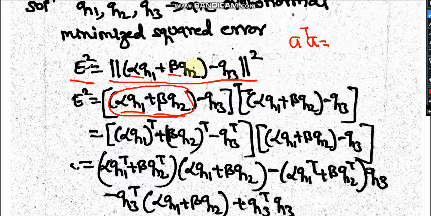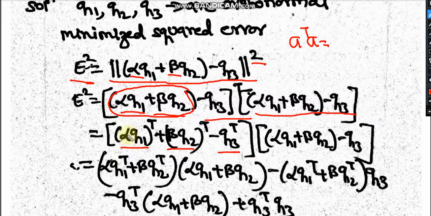If they are not deviated, you get this minus this equals 0. If they are deviated, by how much? Alpha plus beta I am taking. So for the square, I have the transpose of this expression and the vector itself. Just expand that: alpha q1 transpose, beta q2 transpose and q3 transpose.